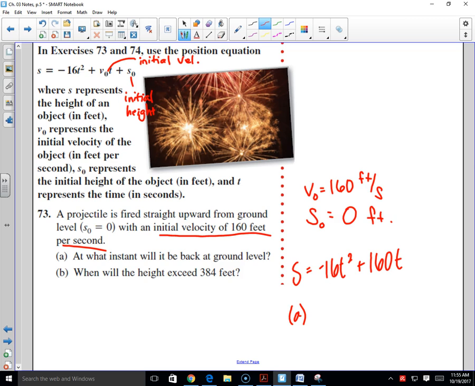The where. So where is it if it's on the ground? What's the height? 0. So can't I just set the whole thing equal to 0? That's all it is. And mathematically speaking, how do we solve a polynomial equal to 0? Oh, don't subtract. Factor. If you subtract, you'll miss one. Just mathematically speaking, factor, factor, factor, right?